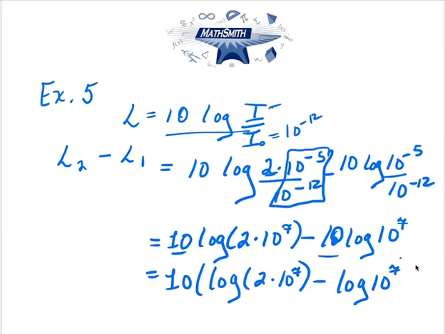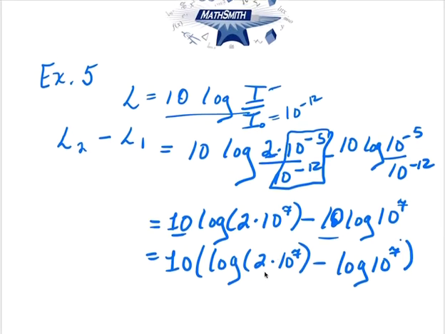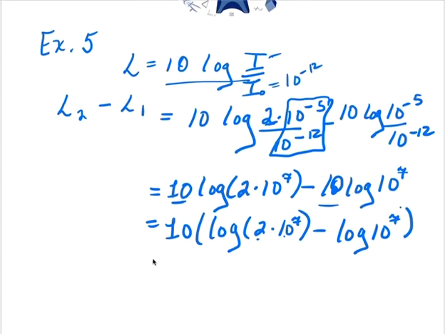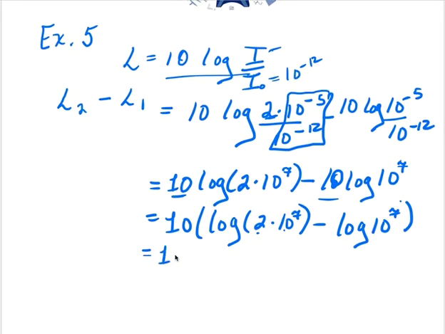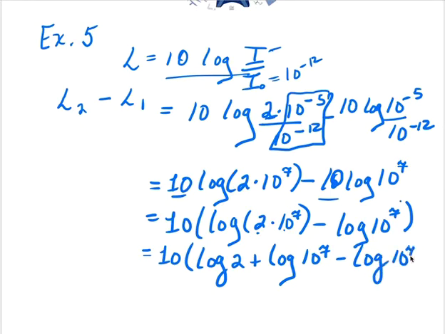All right, now let's think about our properties. What can we do here? So we've got this product right here, and I can expand this, and I get 10 times log 2 plus log 10 to the 7th power minus log 10 to the 7th power.